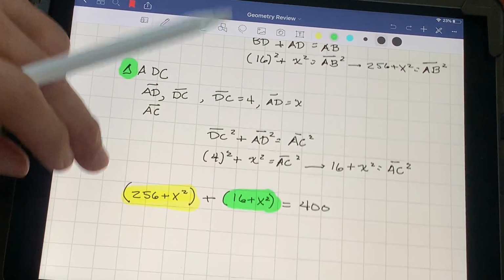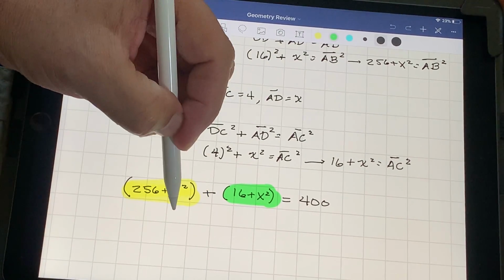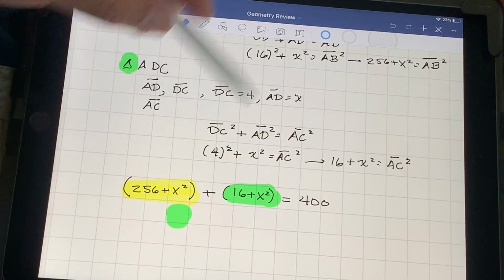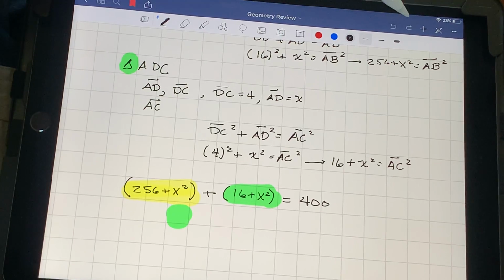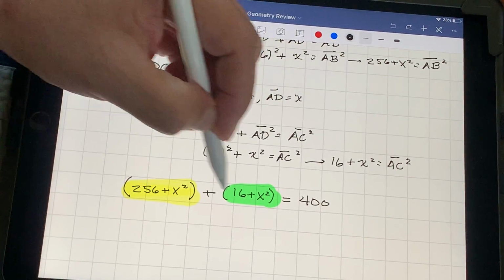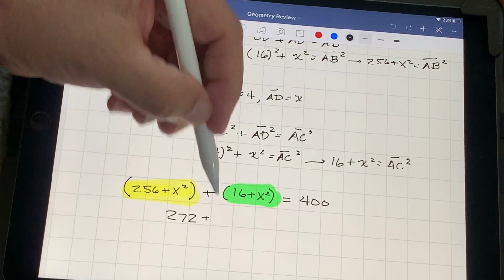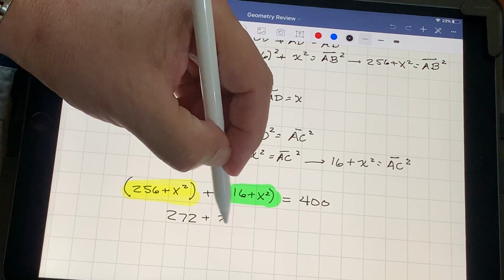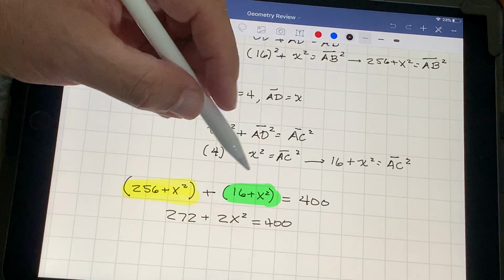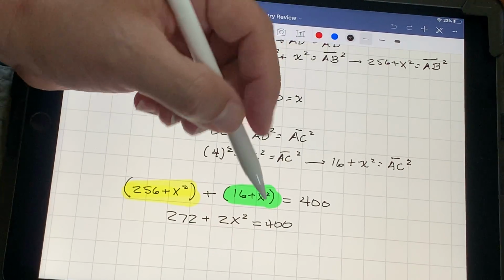So if I solve for this, I can summarize it by saying that 256 plus 16 is 272 plus x squared plus x squared, that equals 2x squared, and that equals 400. Now, knowing that 272 is adding on this side, I can move it to the other side and subtract.